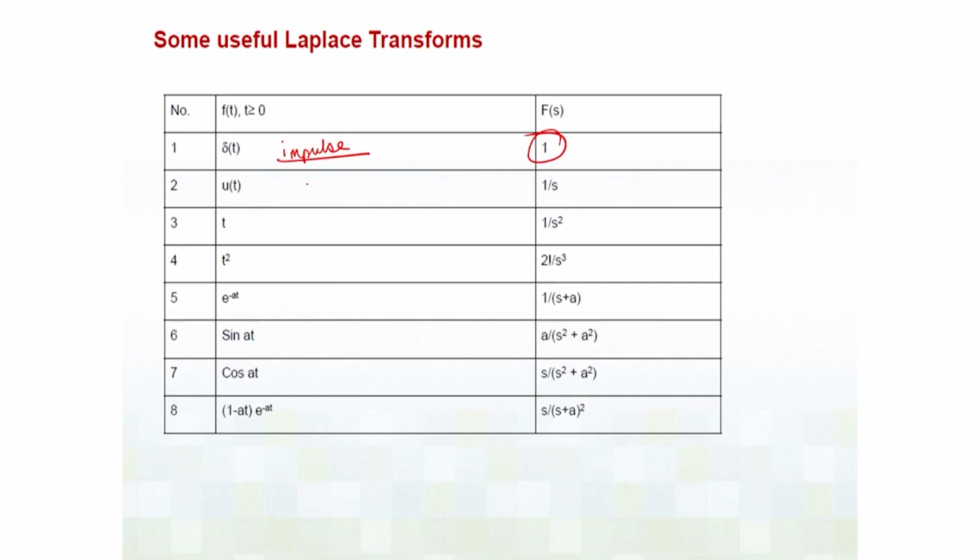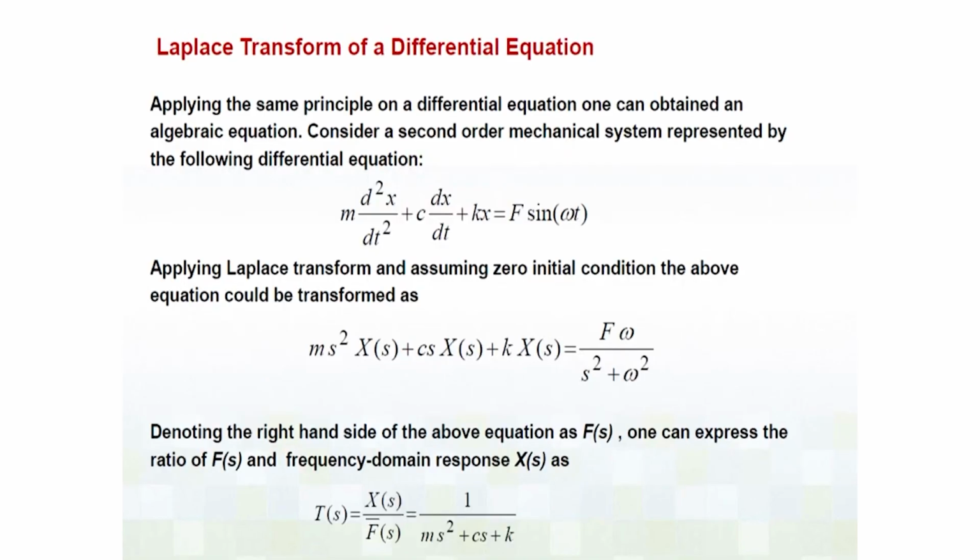The unit step is 1 over s. For the ramp, it is 1 over s square, and this is called the parabolic ramp, for which it is factorial 2 over s cube. Then we have things like exponential, sinusoidal, cosine, and the product of the thing. These are some useful Laplace transformations you have to keep in your mind.